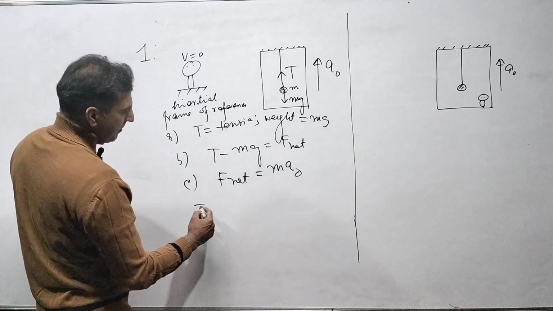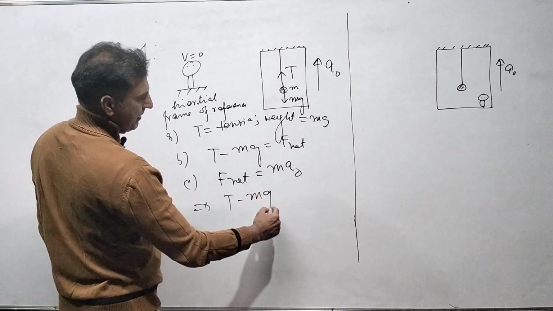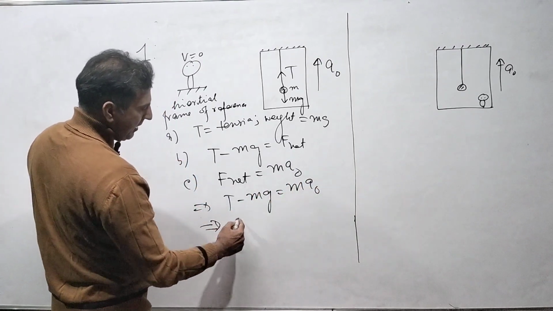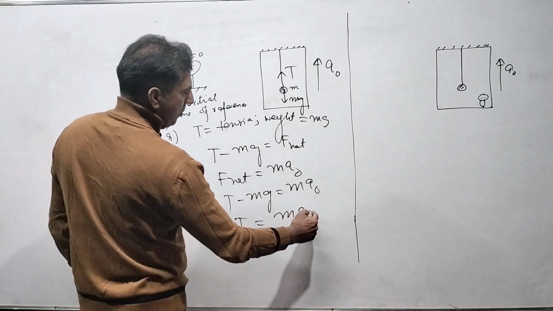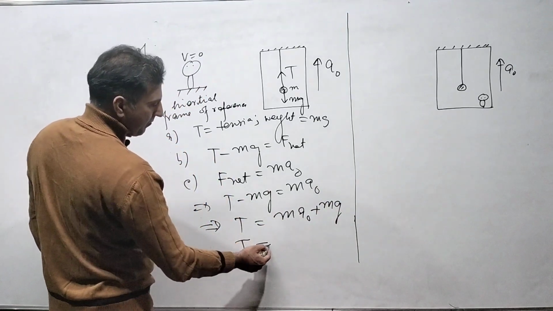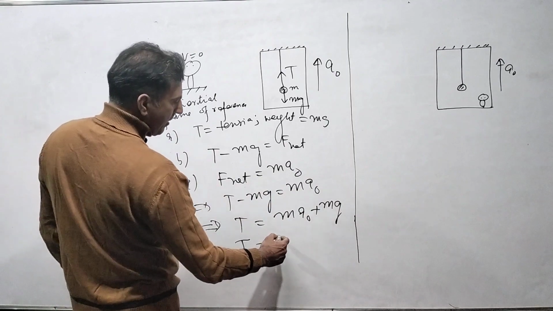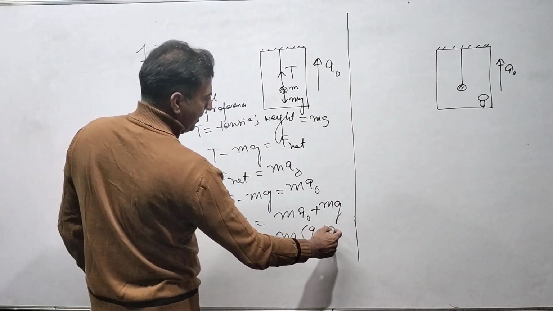So F net is equal to T minus mg is equal to m a0. Now what about T? Tension is equal to m a0 plus mg. That is T equal to m times (a0 plus g).